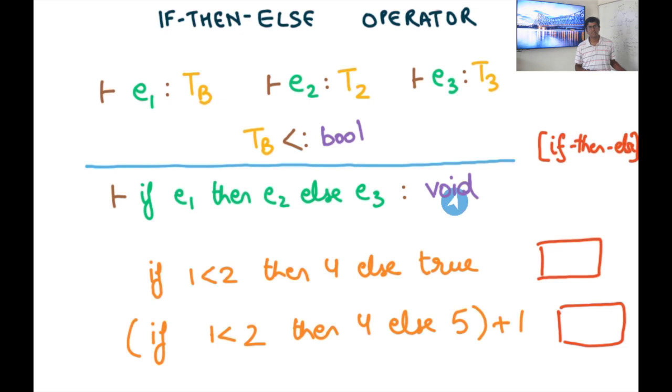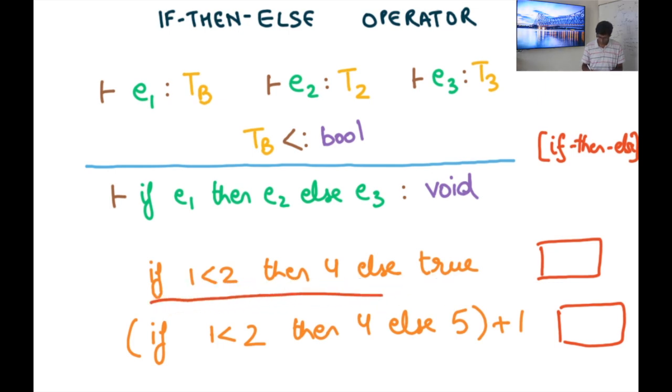And once again, the implication of that is that whatever is the return value of this cannot be added to some other value, for example, or cannot be used with the logical AND operator, etc., because nothing can be used with the void type. So let's see what kind of expressions this typing rule admits and what it rejects. So: if 1 < 2 then 4 else true.